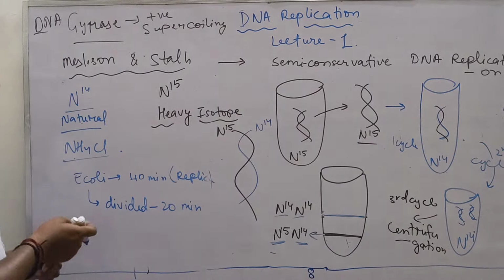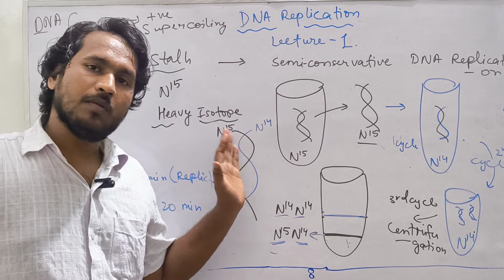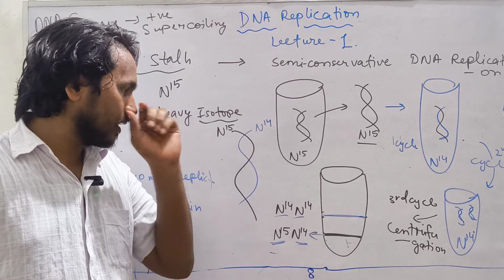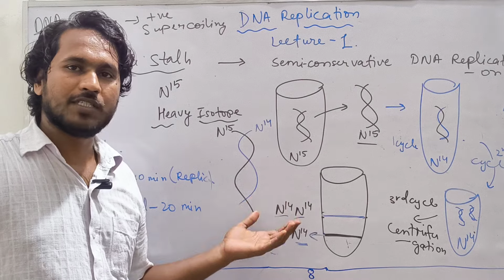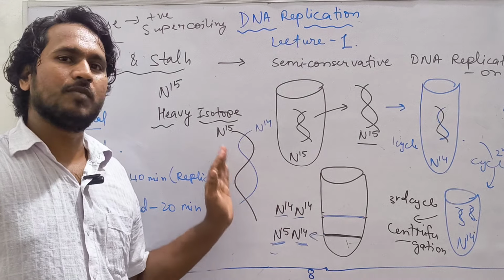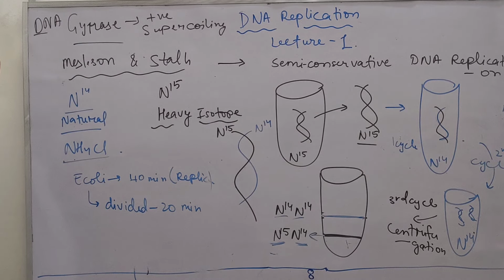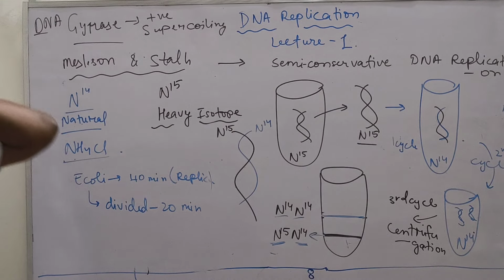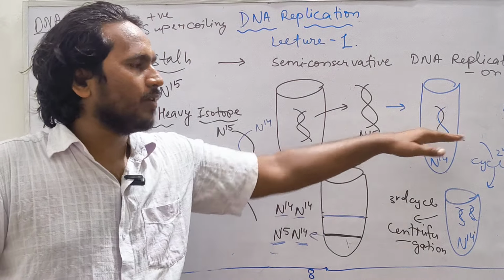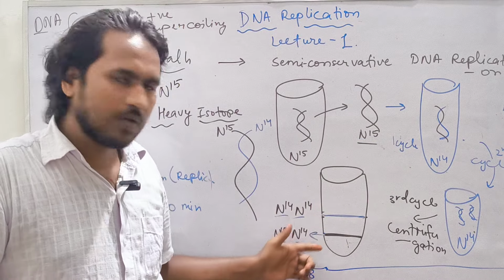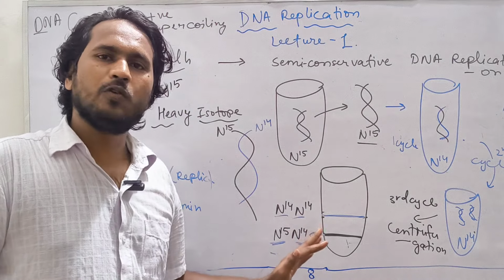So whenever the DNA replication occurs, one strand is coming from the parent, and another strand, the new strand, is synthesized, and it is half conserved, meaning it is semi-conserved from the parent. That's why it is called a semi-conservative way of DNA replication. So even the first cycle was very important. In the first cycle you will get one band only, the below band, but in the second, third, and fourth cycle, always you will get two bands.